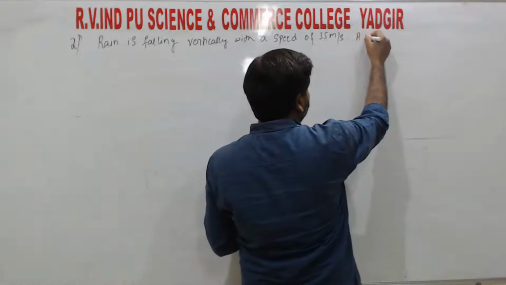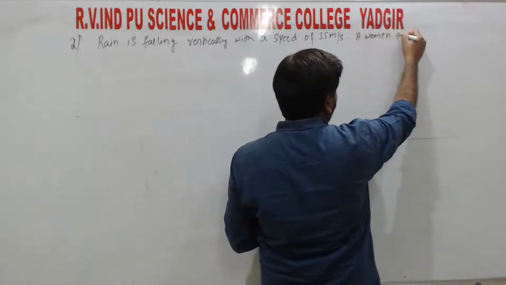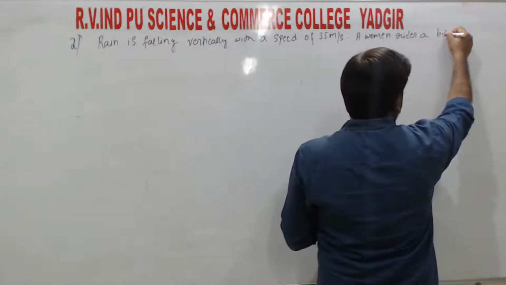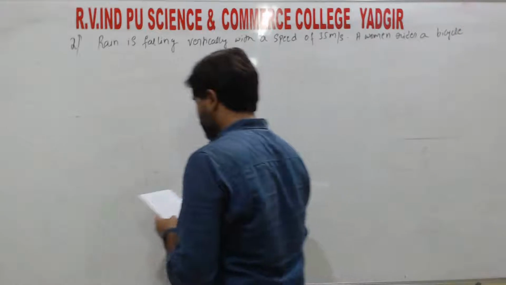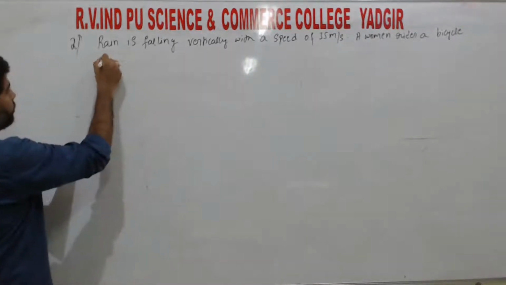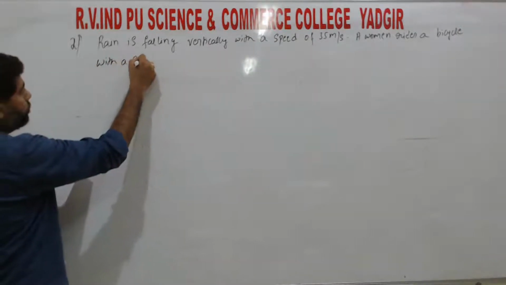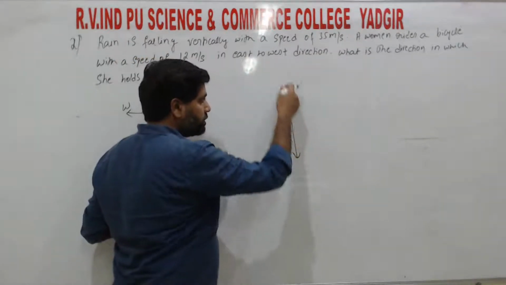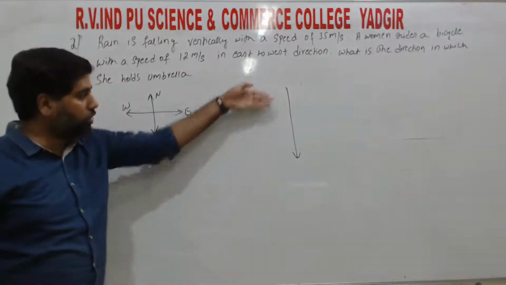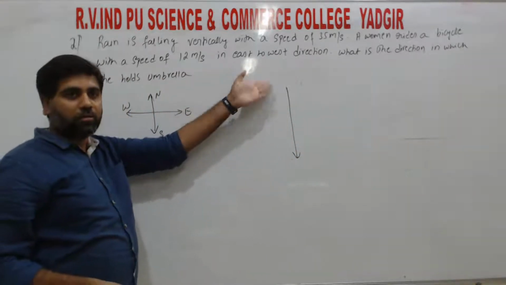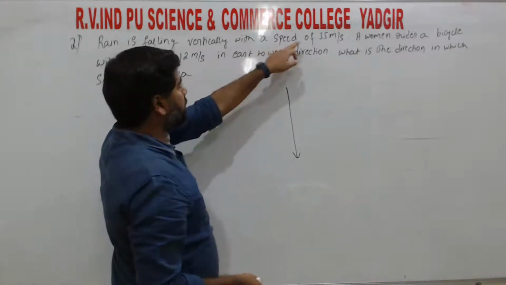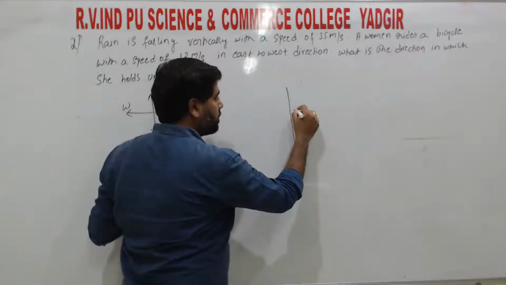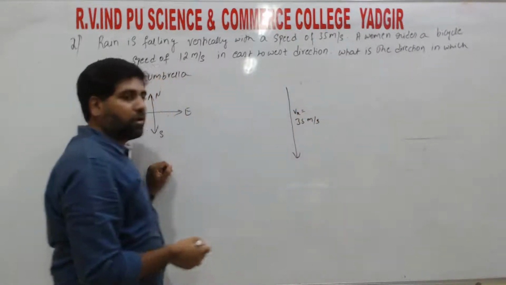A woman rides a bicycle with a speed of 12. Vertically means falling from the sky to the ground. So either direction, right? So with a speed of 35 meter per second, we call this the speed of rain, right?